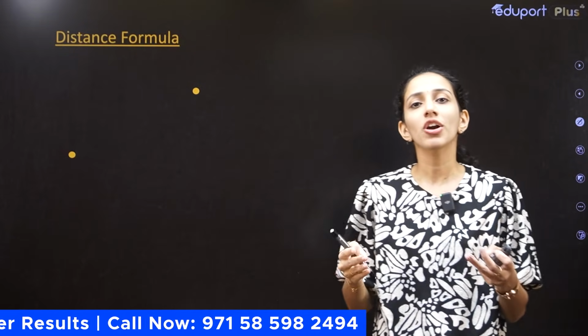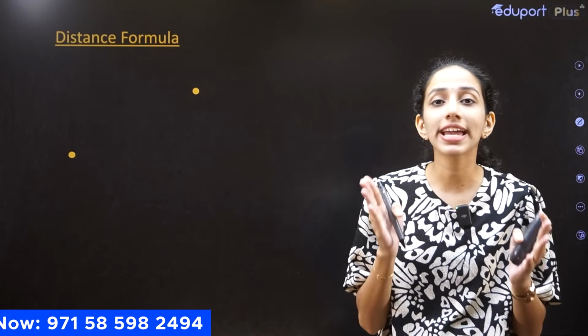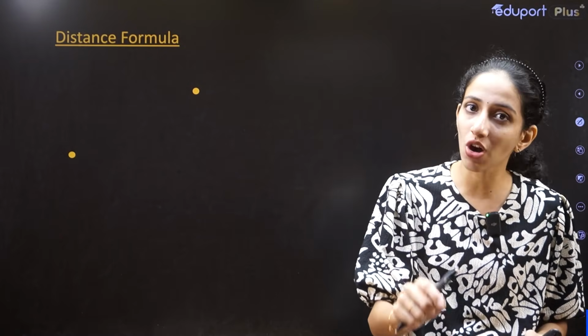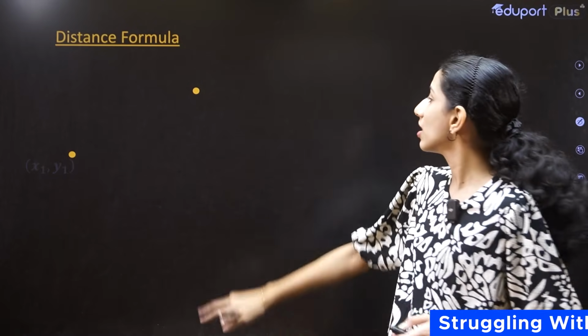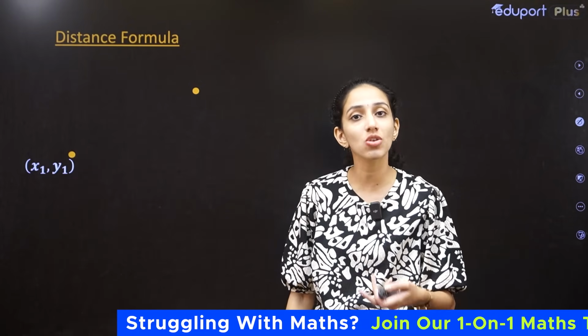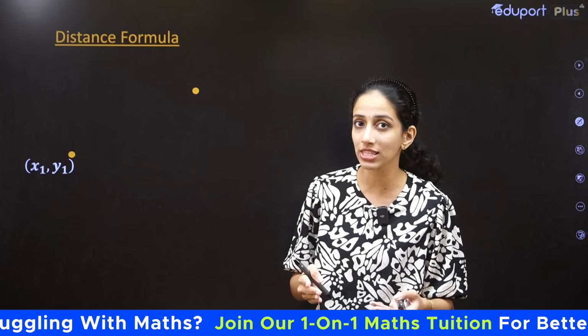Then we consider a point and another point. We know that any point on the xy plane or Cartesian plane possesses an x coordinate and a y coordinate. So we give this point as (x1, y1), that is, x coordinate as x1 and y coordinate as y1.